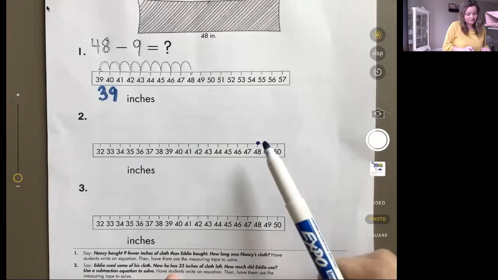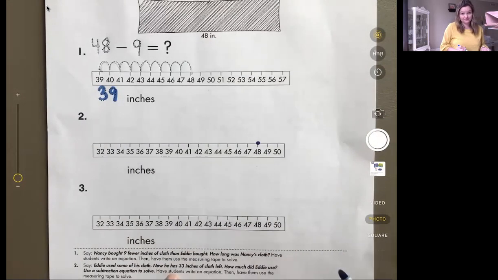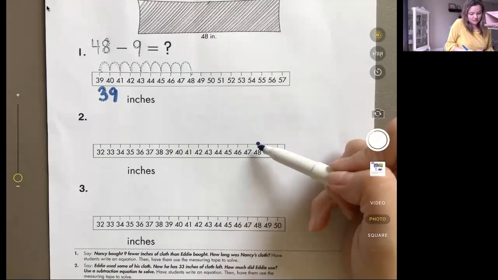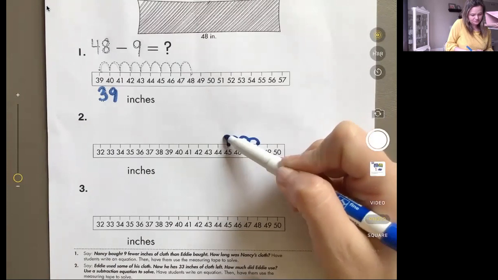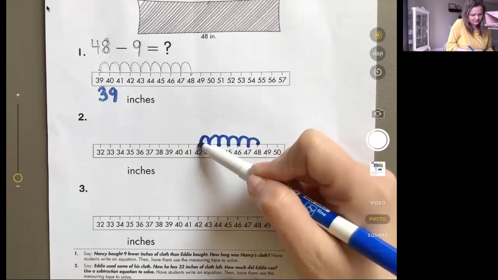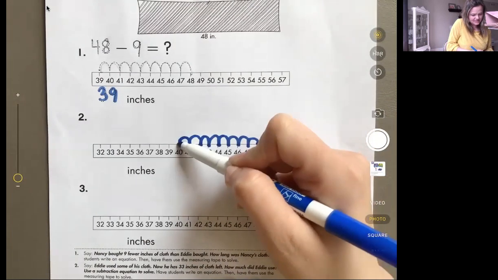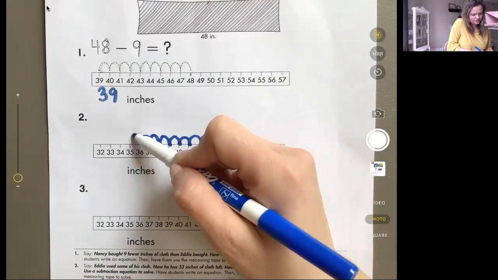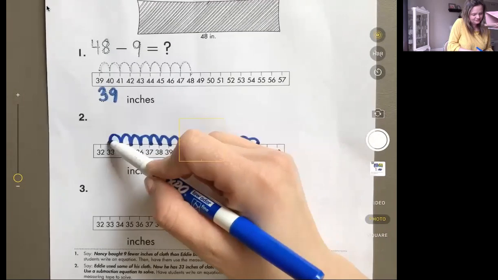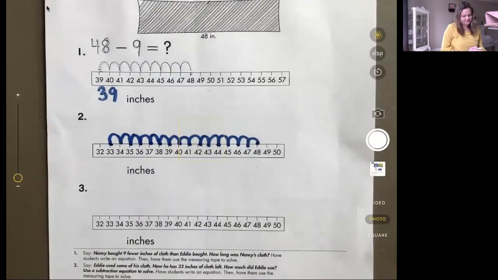So we have to get from 48 to 33, and we're going to count how many jumps that would be. Ready? 1, 2, 3, 4, 5, 6, 7, 8, 9, 10, 11, 12, 13, 14, 15. That took us 15 jumps.